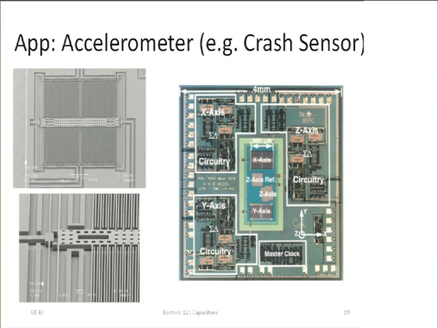The mass is a small piece of silicon. If this thing crashes into the wall, this piece wants to keep moving. The car is stopped by the wall, and consequently, these tines here, these small conductors, are stuck, they don't move, but these other ones keep moving. The distance changes. Well, that's the distance between two conductors that changes. Two conductors close to each other, that's a capacitor. If the distance changes, the capacitance changes.